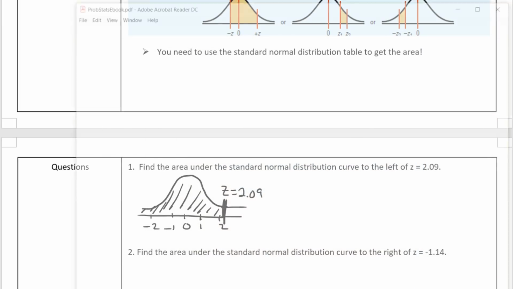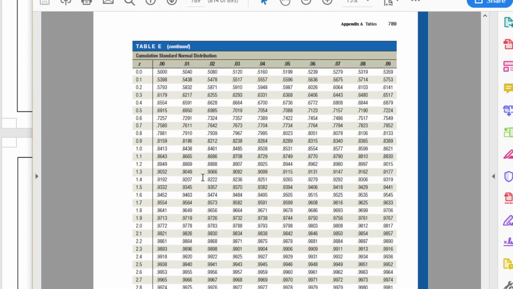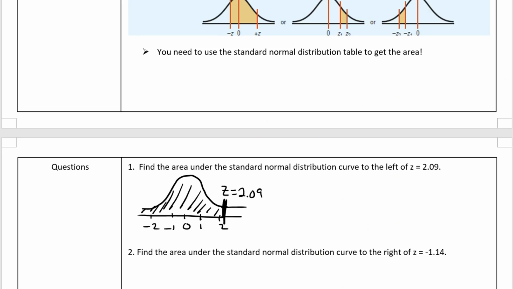We need it for 2.09. So we're going to go to 2.0, so this is 2.0 and then 9 right here. So 2.09 looks like it's 0.9817 right there. So that is our area. So area equals 0.9817.